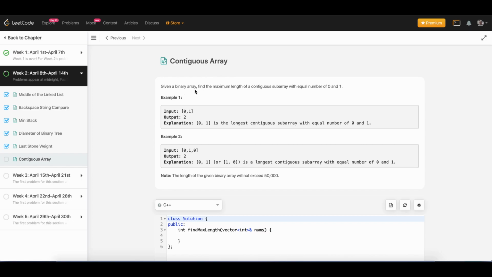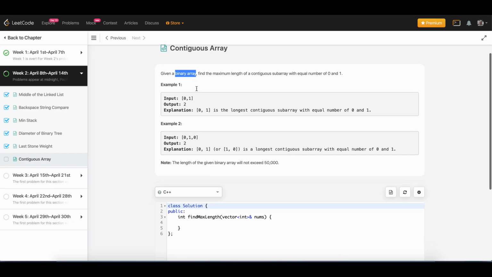Given a binary array, find the maximum length of the contiguous subarray with equal number of 0 and 1. Binary array means the array elements will be either 0 or 1.